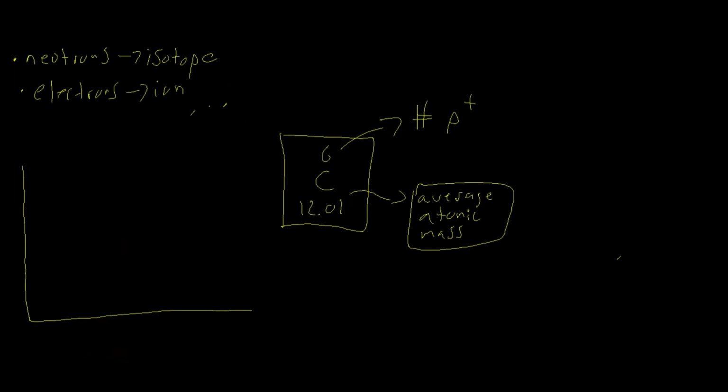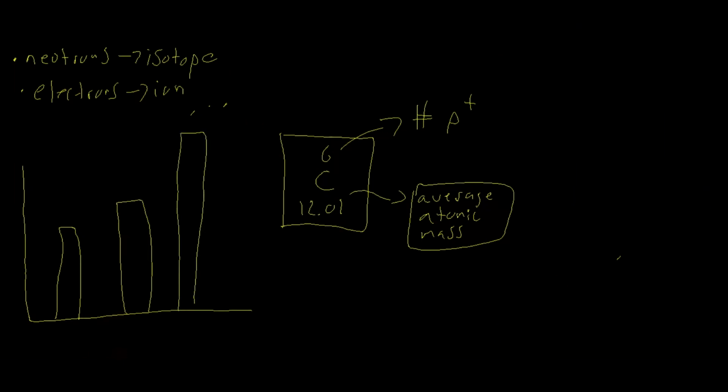So your graphs will look as follows, and I guarantee you'll see at least one of these show up somewhere on the AP exam. You are going to have on the x-axis the mass number, and on the y-axis a percent abundance. This is supposed to represent every naturally occurring isotope of that specific atom. So let's talk about atom X, for instance, some atom that we're creating.